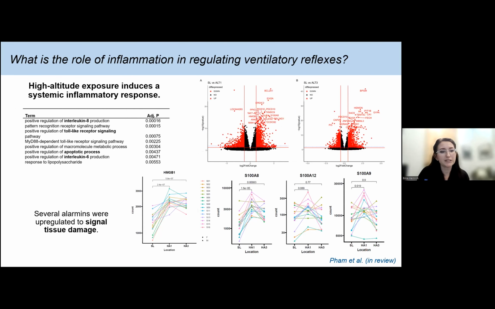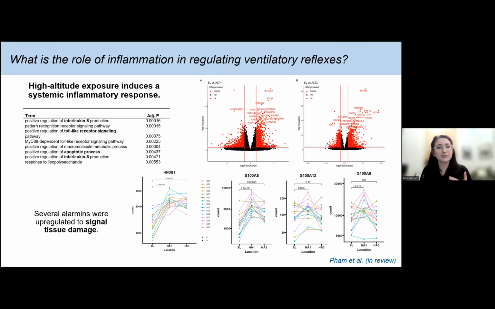So the first thing we did was we looked in the blood, and we wanted to see whether hypoxia, in the absence of any other infection, created inflammation, and it did. It created a huge systemic inflammatory response. These plots on the right are showing that when you go to high altitude, a lot of genes are differentially expressed.